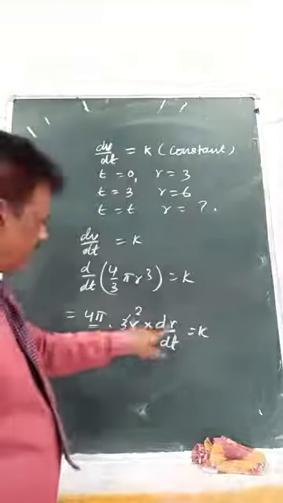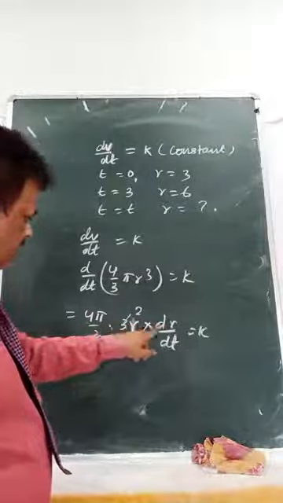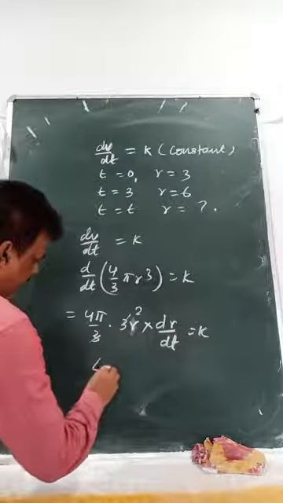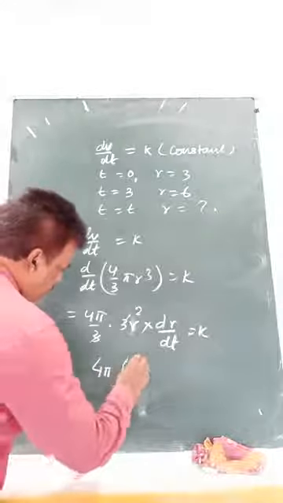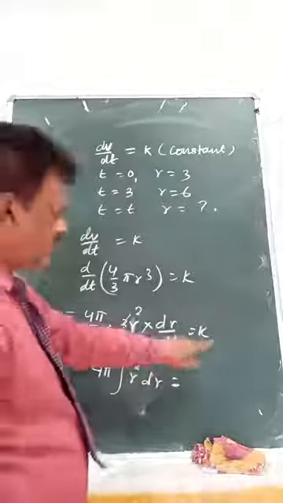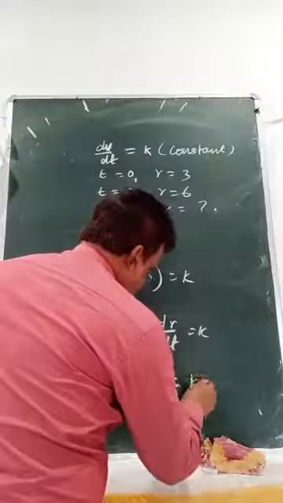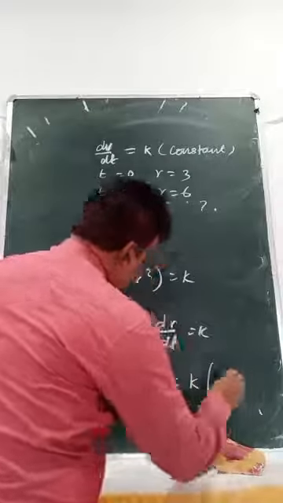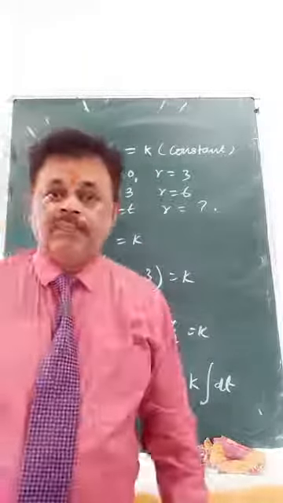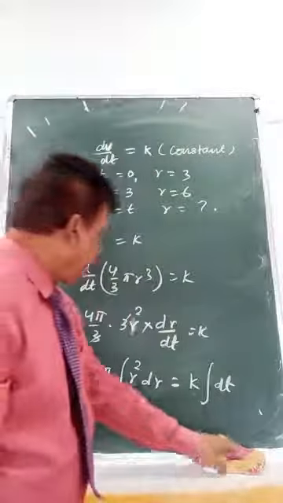That means 4 pi r square dr equals K dt. Because K is constant, you can keep it outside. Okay, now you have to integrate.